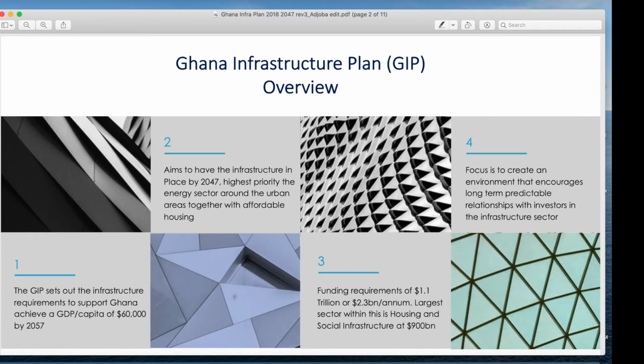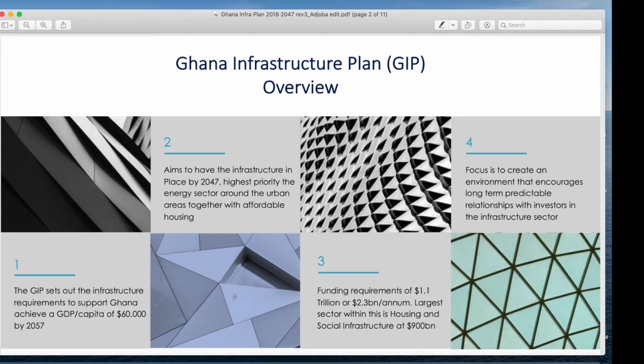So lots to be done, and what does that translate to in terms of money? The figure suggested in the Ghana Infrastructure Plan is that by 2047, because they're aiming to deliver the infrastructure platform 10 years earlier, it is $1.1 trillion.